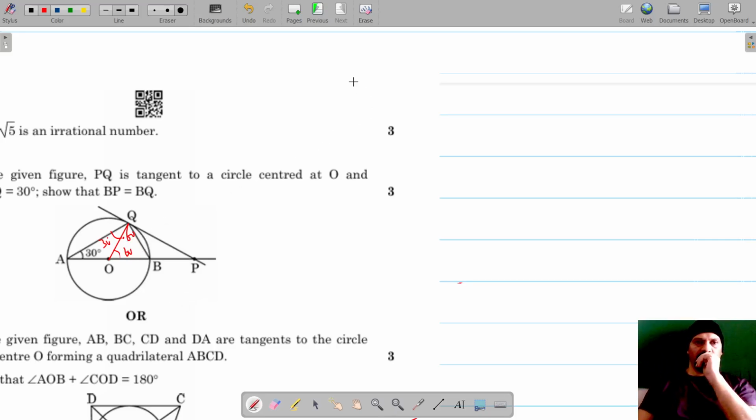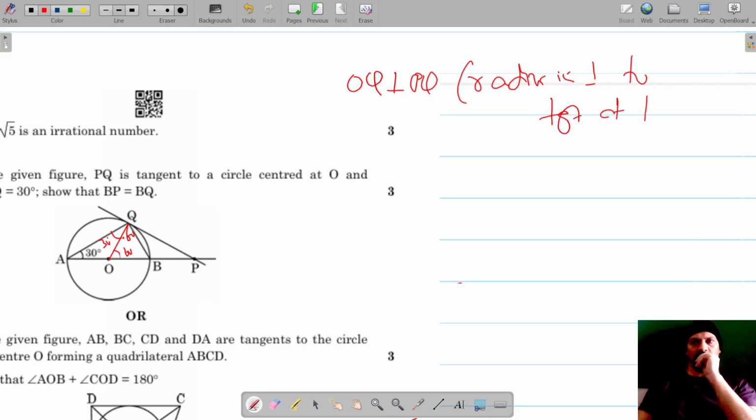Now this OQ is perpendicular to PQ because we know that radius is perpendicular to tangent at the point of contact.